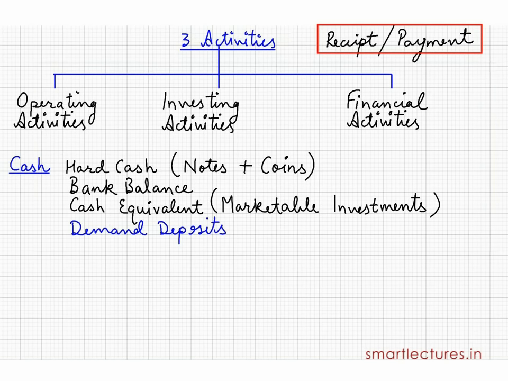And sometimes some companies invest the surplus cash somewhere else, outside. If they are marketable, means if they can be sold or converted into cash at any time without any significant loss, they are called cash equivalent. So whenever we use the word cash in cash flow statement, it means we include all the things, cash as well as bank deposits, demand deposits, as well as marketable investments, I mean to say cash equivalents.